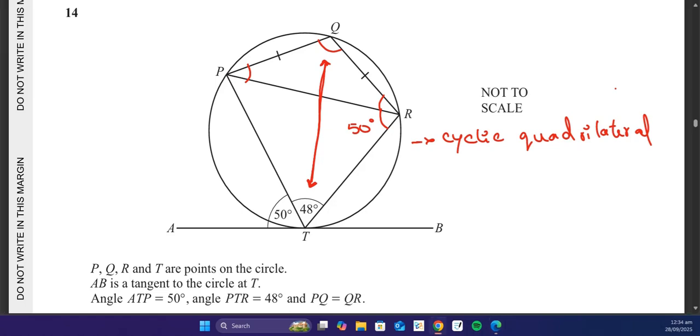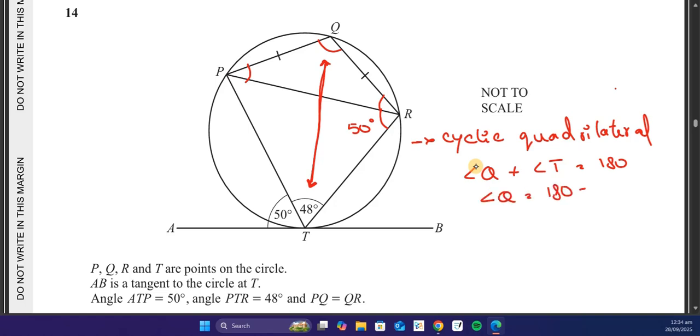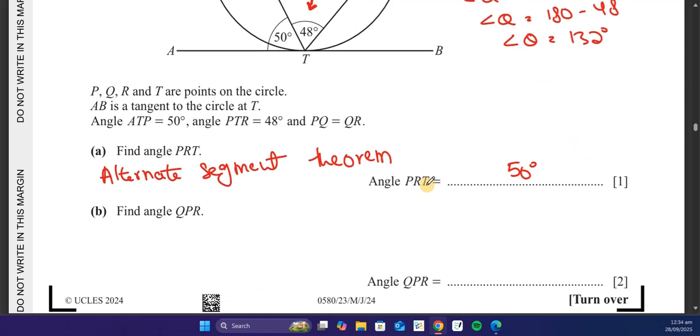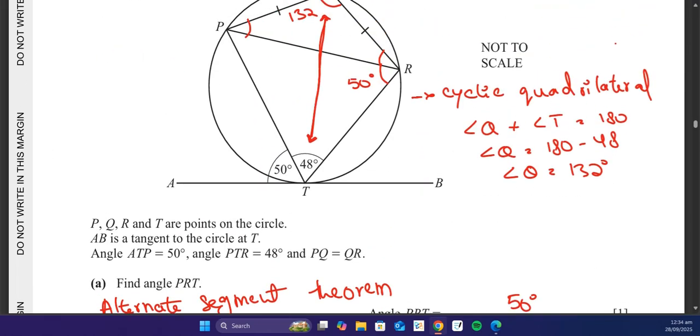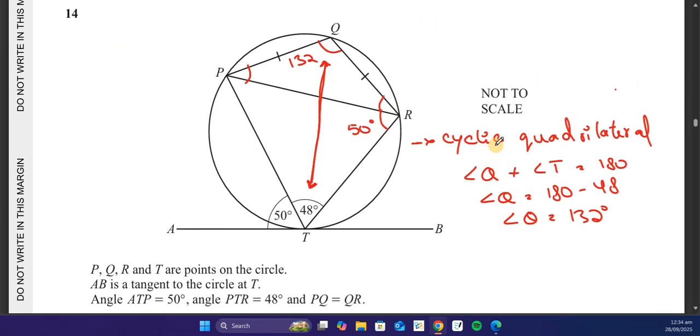So we could simply say that angle Q plus angle T is 180, and angle Q is equal to 180 minus 48, and angle Q is 132. We need to figure out angle QPR. We know that the sum of all the angles in a triangle is 180.